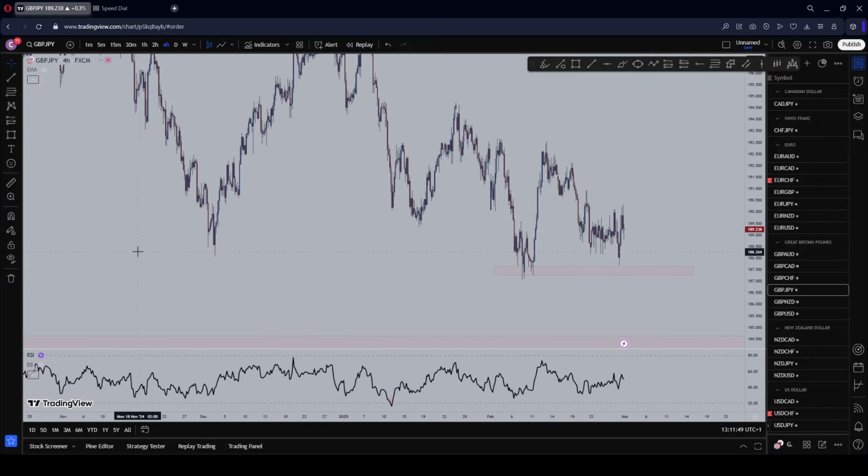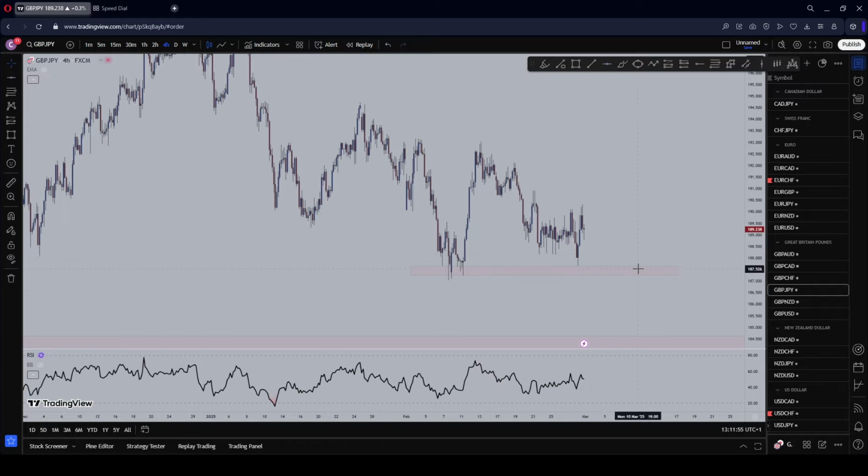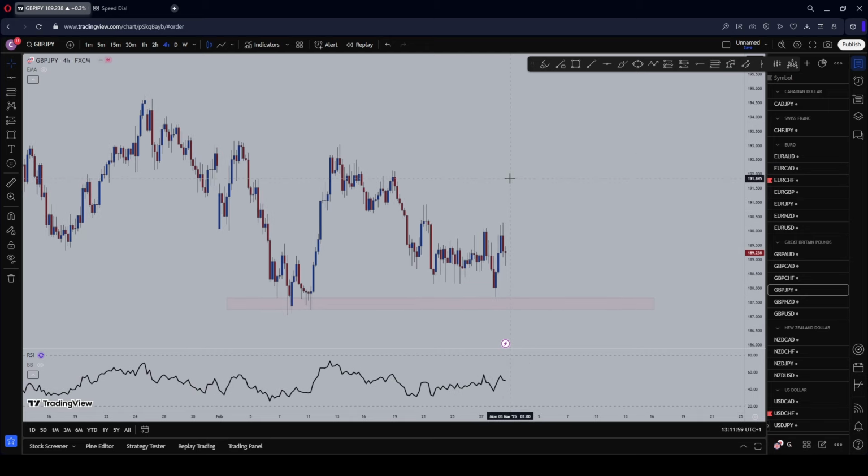So we know that this area here is a strong support. Just trying to keep the chart clean. That's why I don't want to really draw it so far back. Then we're also looking at these points here. So this was a double top here.